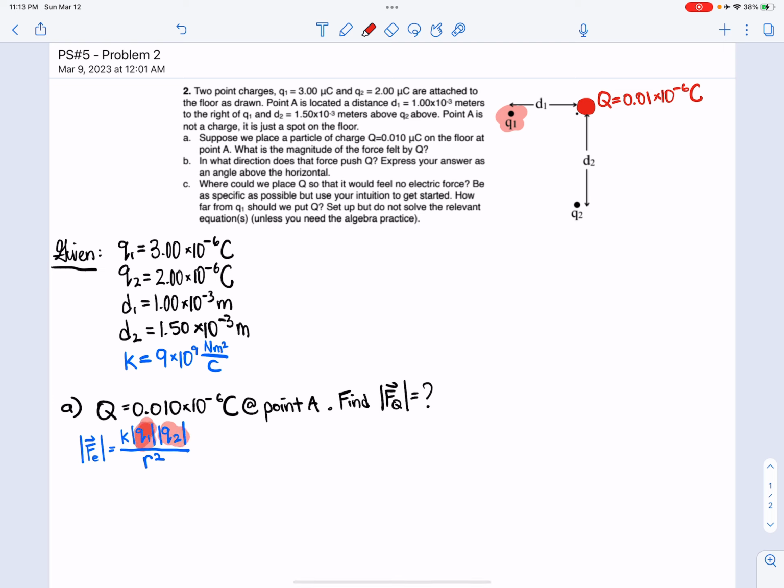And the Q2 you see in the formula won't be this Q2. It is going to be the charge of our point particle right here. So for force 1, Q1 is this guy and Q2 will be this guy.